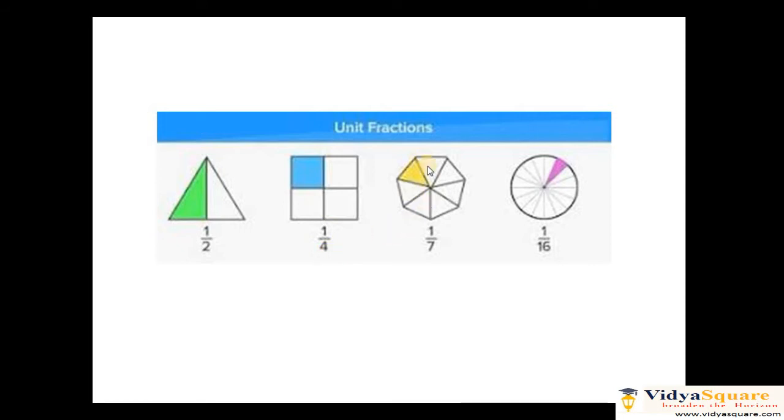So here what is the fraction of the yellow part? 1 by 7. And the colored part here? 1 out of 16. So this is how we depict a fraction.